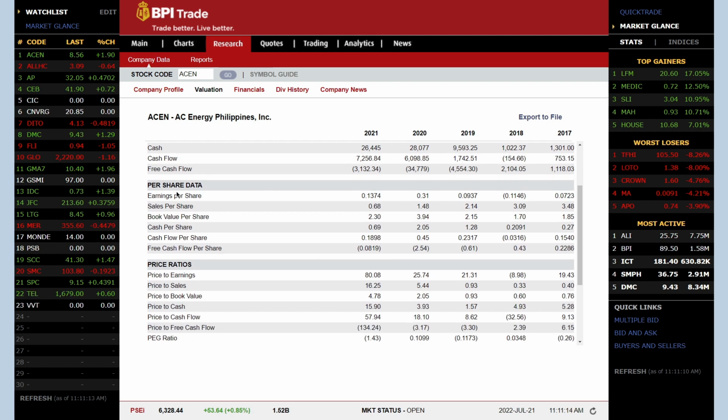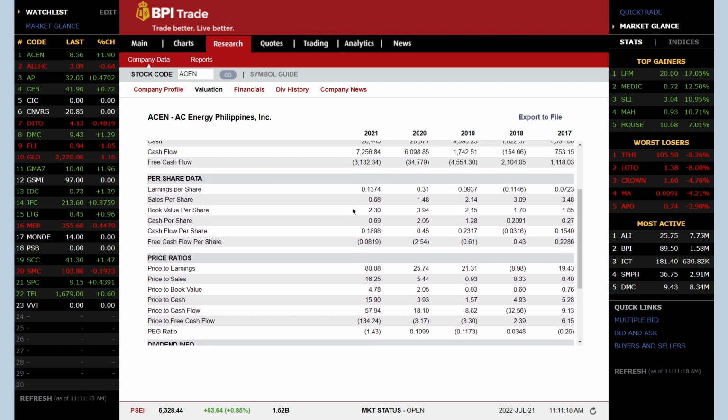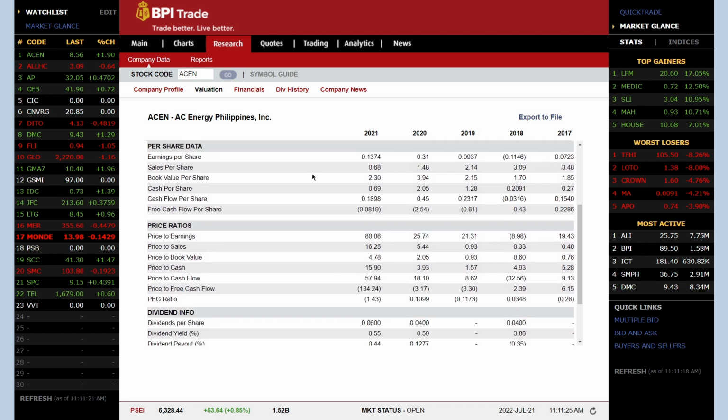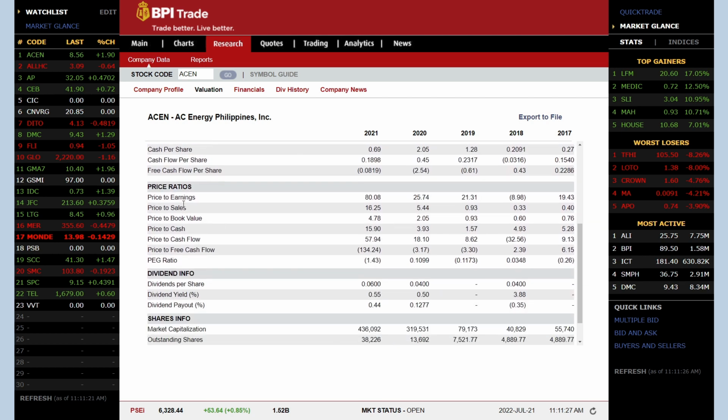Then makita nyo dito yung per share data, earnings per share, sales per share, mga gandang matututunan nyo rin yan kapag naaral nyo na yung mga basics. And we have the price ratios, mahalaga din yan to consider when you're buying. So kita nyo naman, diba? Price to earnings ratio 80.08.